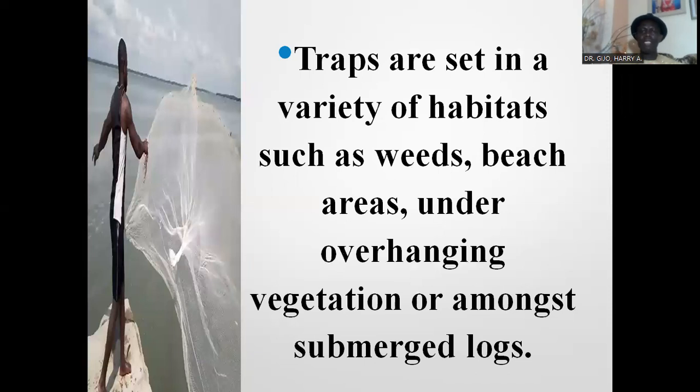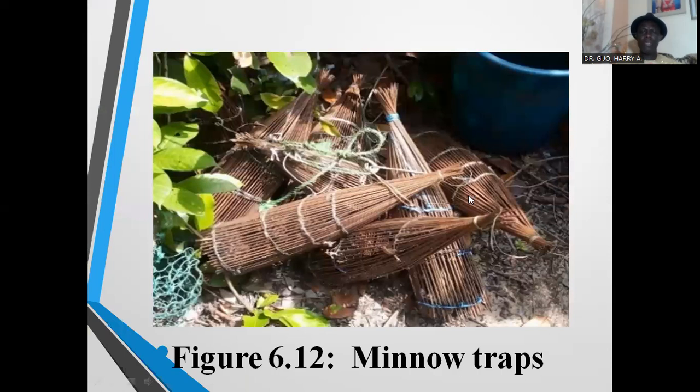Traps are set in a variety of habitats such as weeds, beach areas under overhanging vegetation, or among submerged logs. Now, this is a picture of the minnow traps that are locally made.